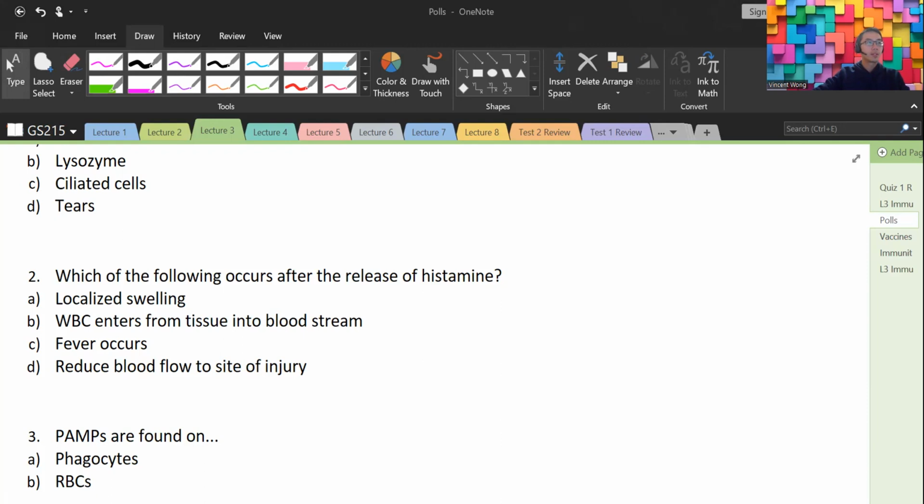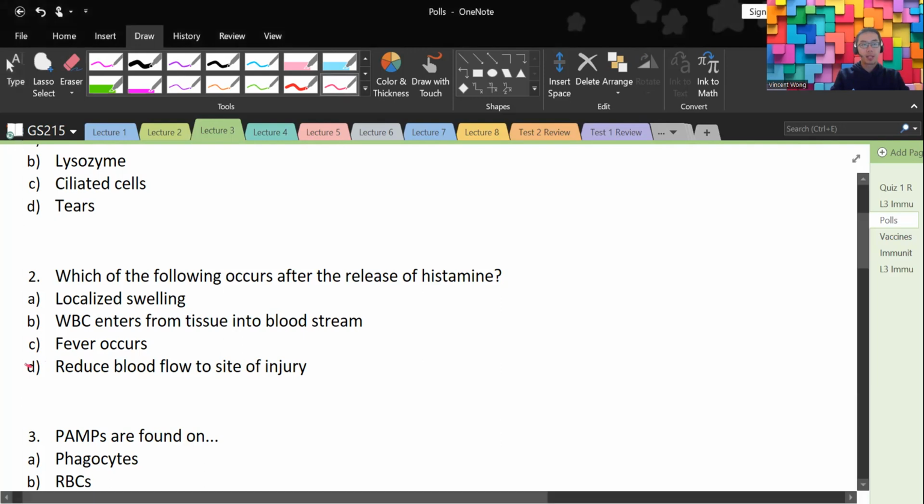All right, anyone else? So, histamine is going to, number one, cause vasodilation. So the vessel gets bigger, and it will increase blood flow. So that's not true. Fever has to do with the prostaglandin, not with histamine.